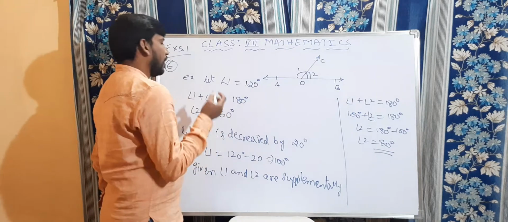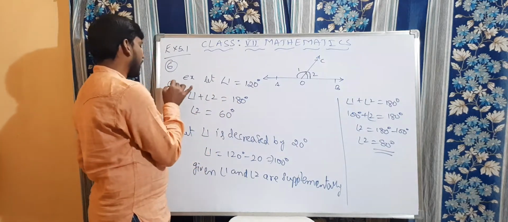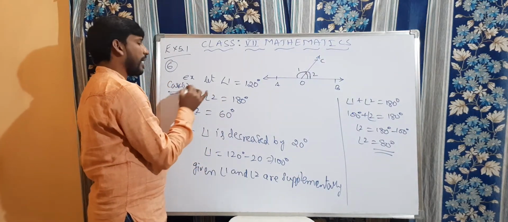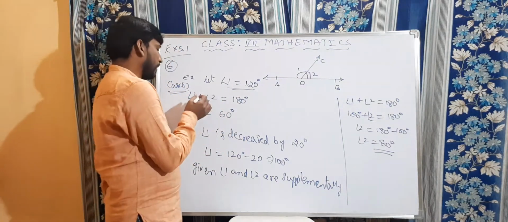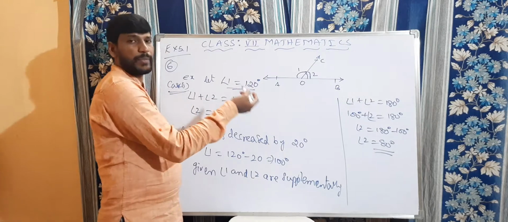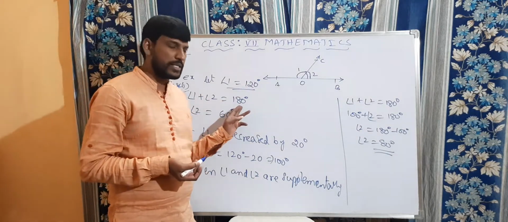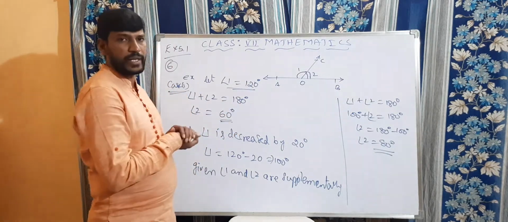So in case 1 we took angle 1 equal to 120 degrees. They gave that angle 1 and angle 2 are supplementary angles, so the sum should be 180 degrees. Then angle 2 we got is 60 degrees.